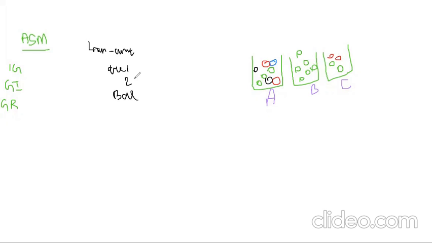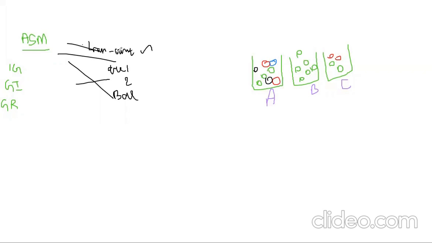ASM gives a score to each and every attribute, and the attribute with the highest score will split the data set. Here, I assume loan amount has the highest score, so the data set is split on loan amount. Let's prove that.